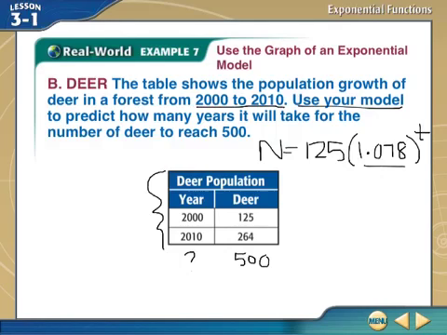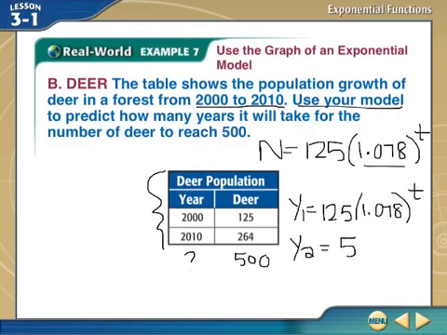So here are the possibilities. We could type in Y1, our model from part A, which allows us to predict the number of deer in any year T, where T represents the number of years since 2000. And we want to know when our Y value for that model will reach 500.